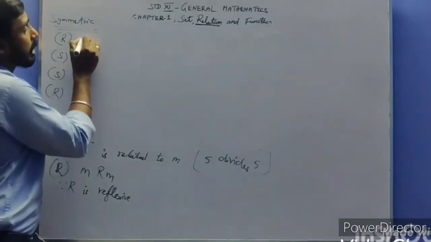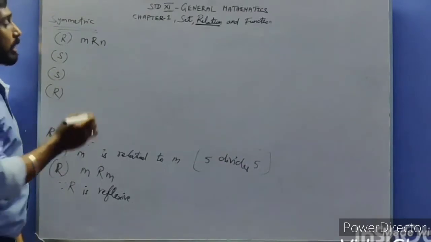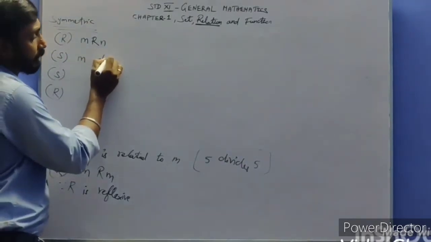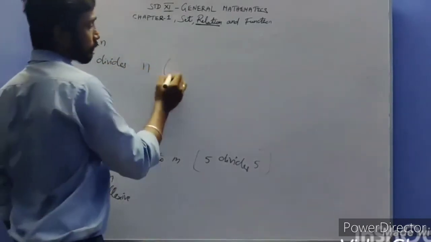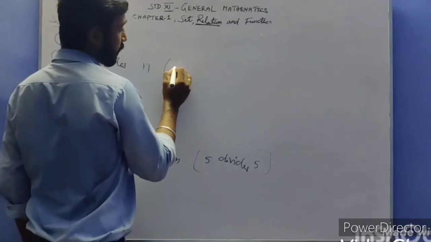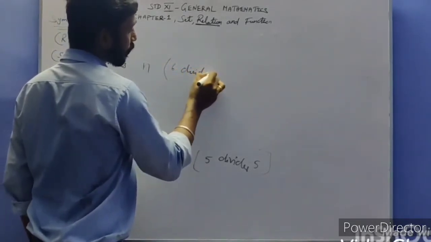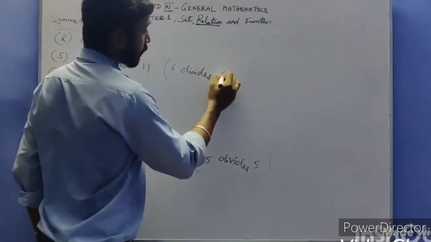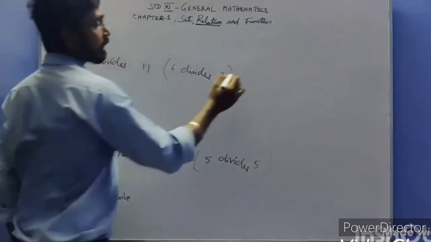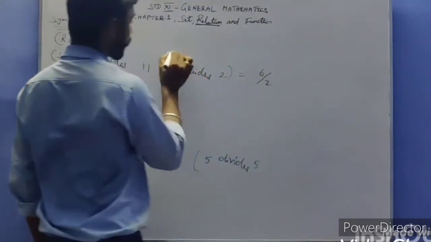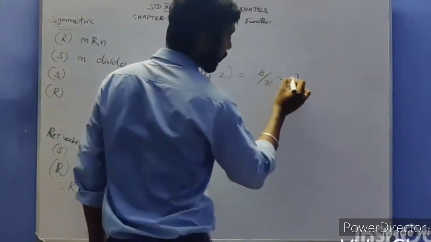First they are giving M related to N, that means M divides N. For example, 6 divides 2; 6 divided by 2, the answer will be 3. This is just an example.